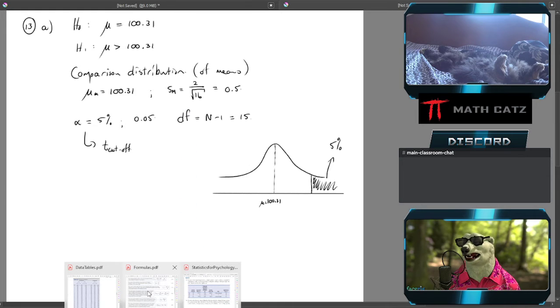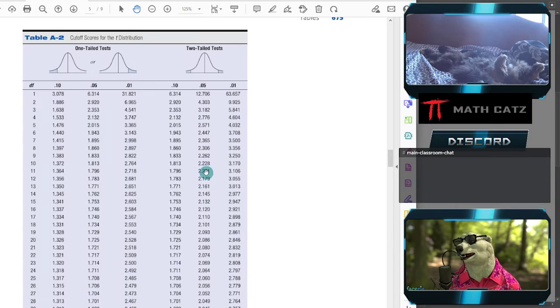So I go to my T distribution table. Looks very similar, but because every degree of freedom has a different distribution, not all of the table is given, only the highlights according to what I most commonly use, alpha of 10%, 5%, and 1%. We are in this degree of freedom 15, and we're looking for the right tail at 5%, only on one side.